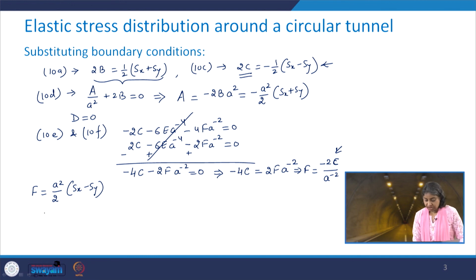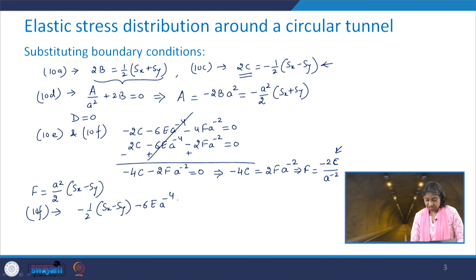Now from equation 10f, what we have is minus half Sx minus Sy minus 6e a to the power minus 4 and then minus 2f a to the power minus 2.